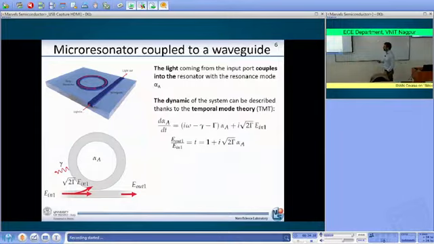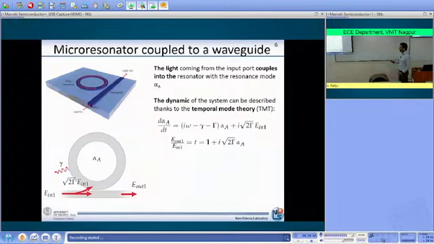So this alpha is nothing else than the electrical field, so therefore it is a complex quantity, the electrical field inside the microring resonator. It's called the mode of the microring resonator. And this equation tells you the rate of change of the mode inside the microring resonator.